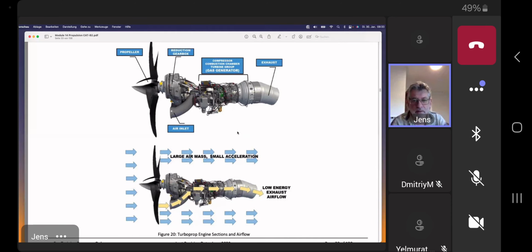You will probably remember engine types and what do I drive. Let's stay with the gas turbine engines, regardless if it's a jet engine or a high bypass engine. All we need, or our intention, is to produce thrust by accelerating a certain mass of air. So now with these turboprop engines, what is the idea here?